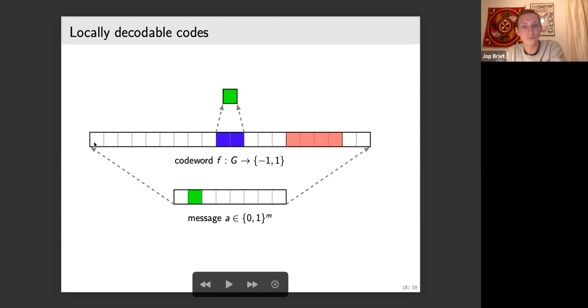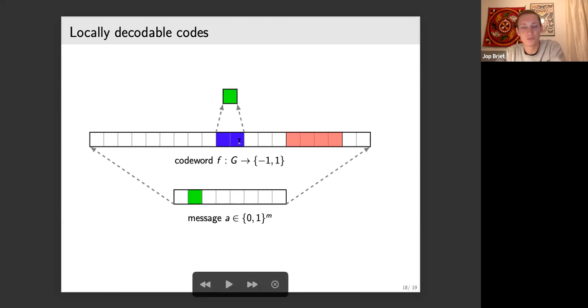And a locally decodable code has the property that any single index of the message or any single coordinate can be retrieved from the code word by only looking at a very small number of code word coordinates, even if the code word is partially corrupted. And now the link with AP dual functions is that the constructions I gave you of the AP dual functions are locally decodable codes.